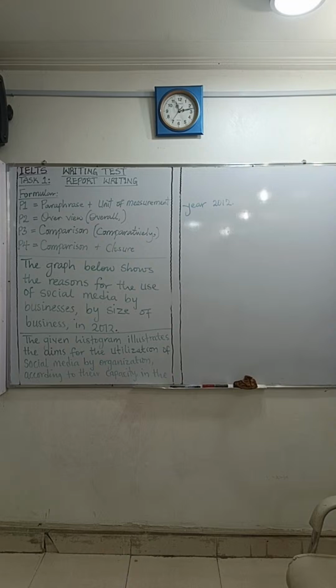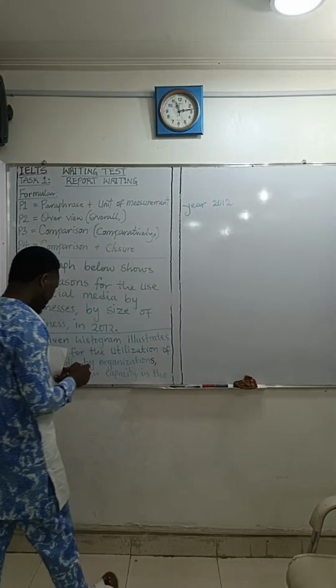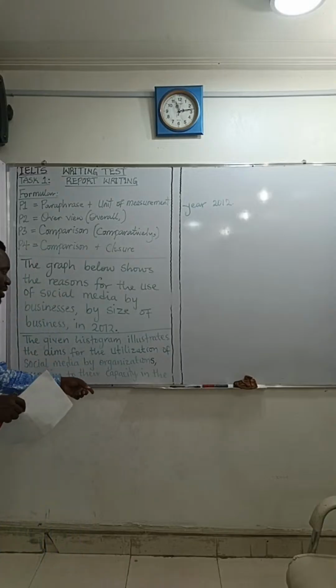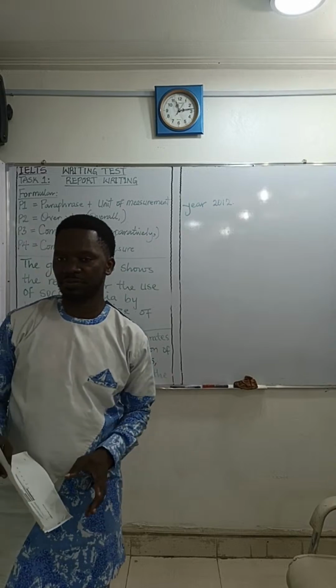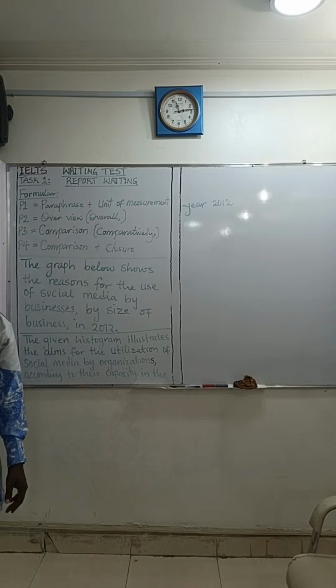So the question itself says the graph below shows the reasons for the use of social media by businesses by size of business in 2012. My paraphrase says the given histogram illustrates the aims for the utilization of social media by organizations. So I should put organizations there. By organizations according to their capacity in the year 2012. So check if we are able to capture the same information.